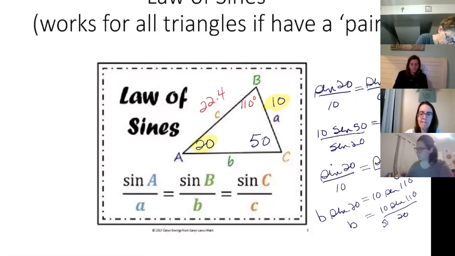I did not copy that correctly. Okay, alpha y equals, try that again. 10 times the sine of 110 divided by the sine of 20. That's going to be much better. Okay, so 27.5. Let me do that in red so we can see that it's a new value.